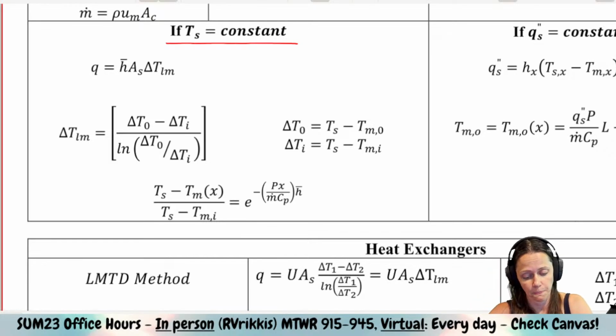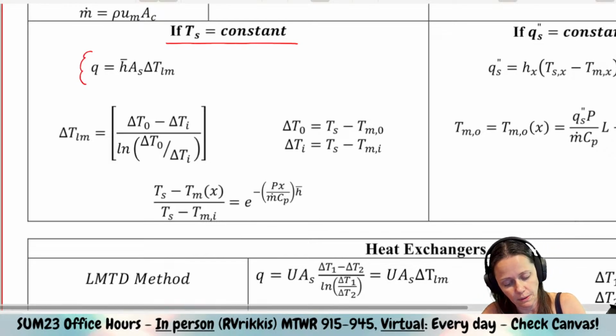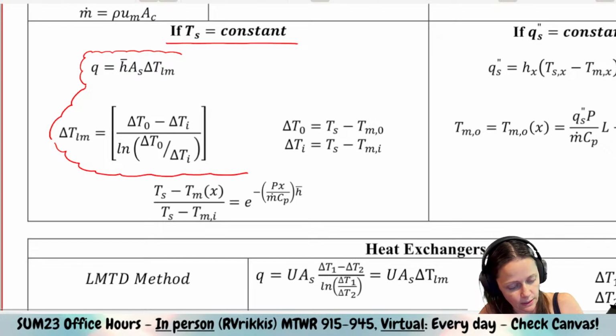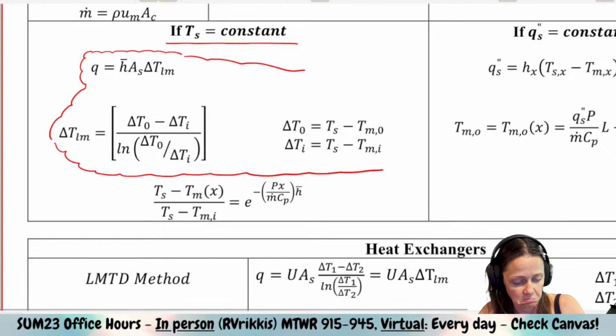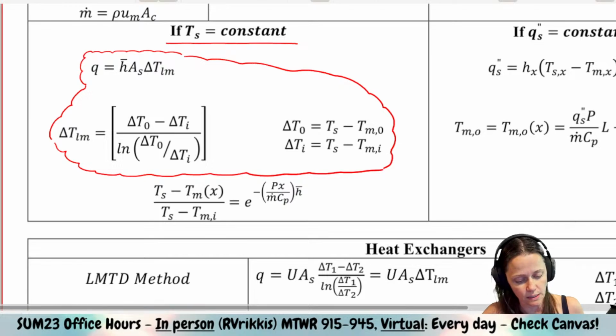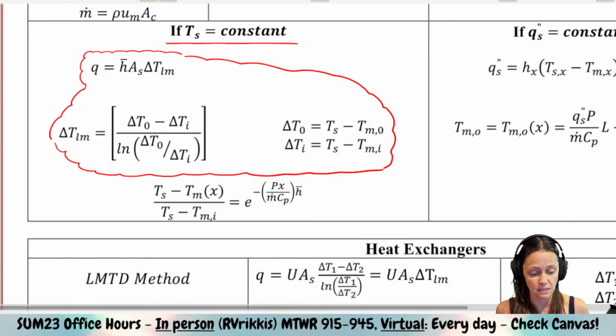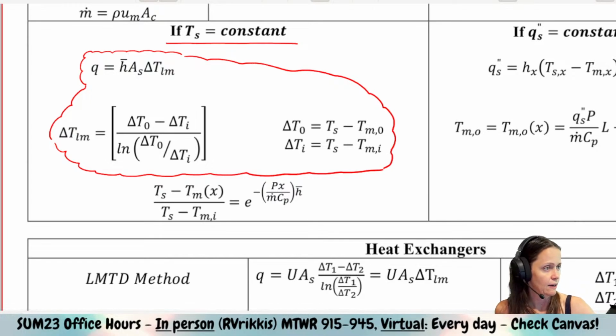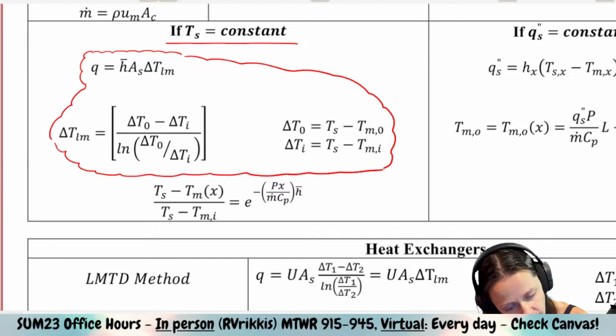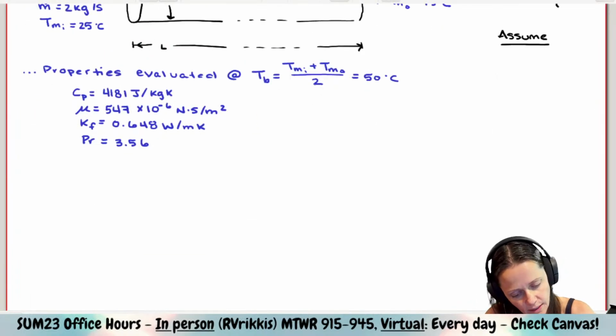It looks like this is going to be useful for getting Q, and of course I'm going to need to get this log mean temperature difference as well. Easy peasy. Maybe I'll get that one first, because do I have everything? I do. I've got my surface temperature. I got everything. So I'll get my equation sheet so I have it there.